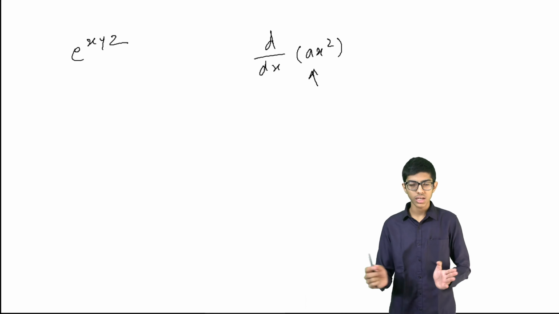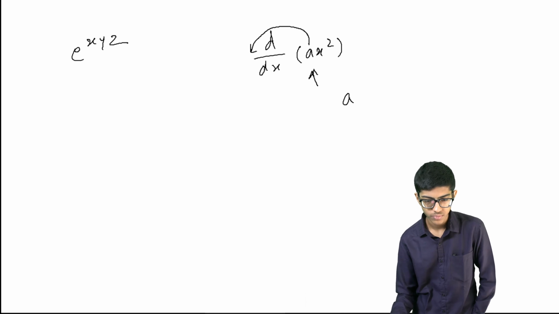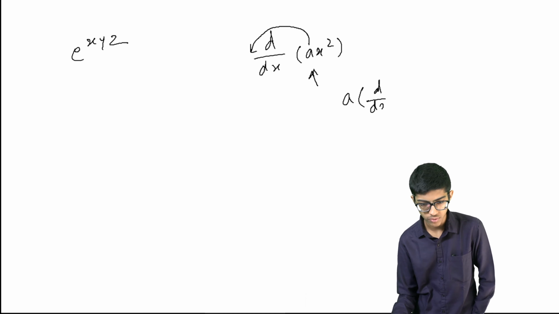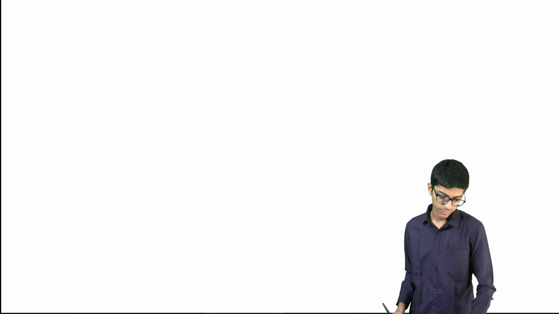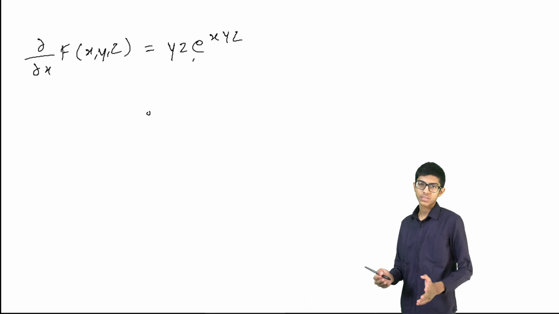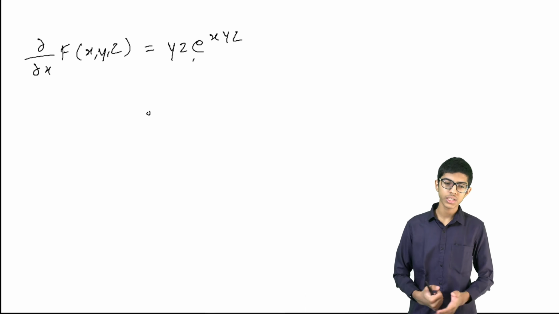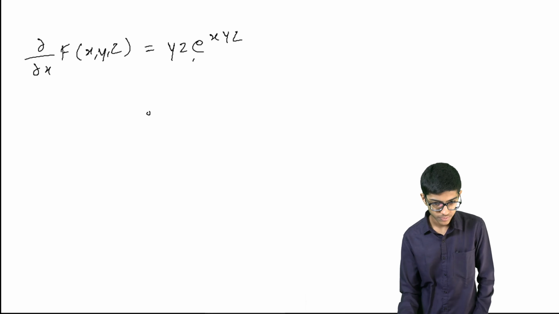As x changes, a does not change, so we take out a and find the derivative of the function inside, and that gives us, in this case. Similarly here, we first find the derivative of e raised to xyz with respect to xyz, and then the partial derivative of xyz with respect to x, and that is equal to yz.